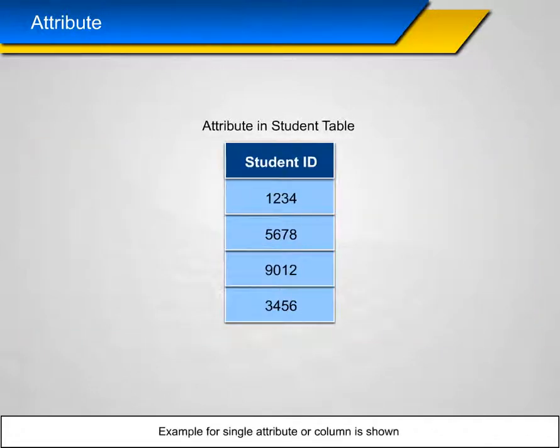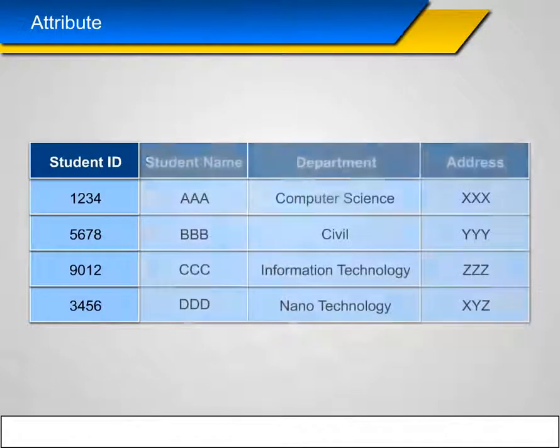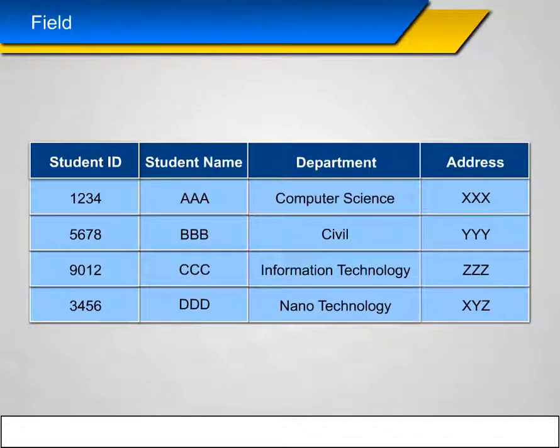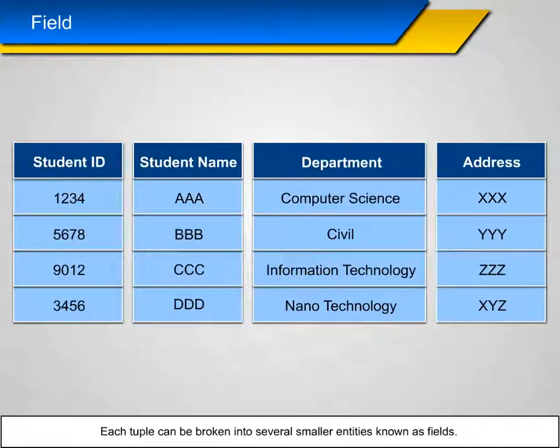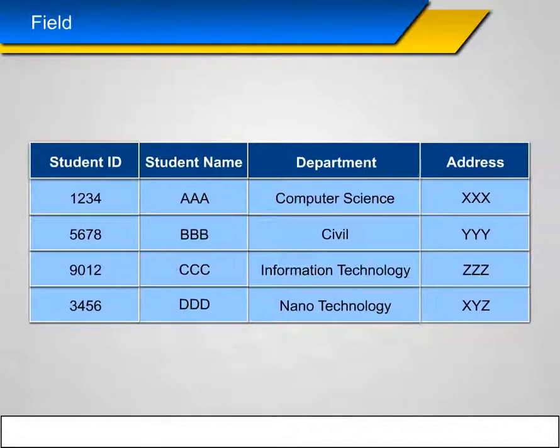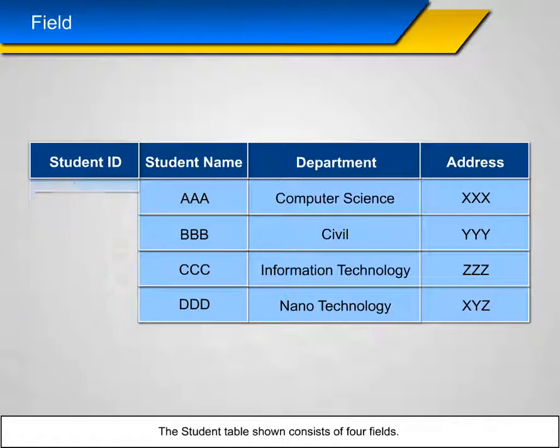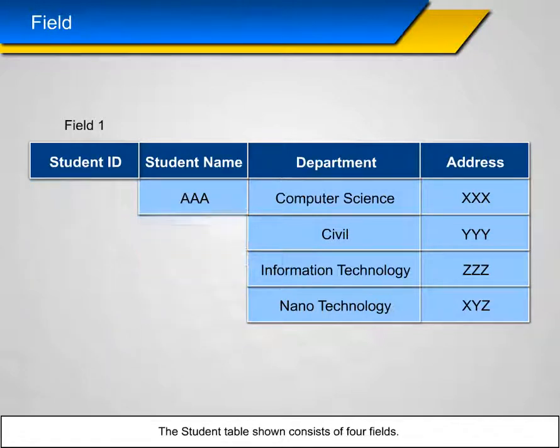Example for a single attribute or column is shown. Field. Each tuple can be broken into several smaller entities known as fields. The student table shown consists of 4 fields.